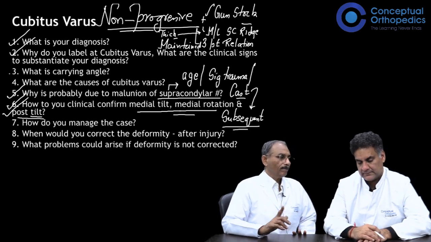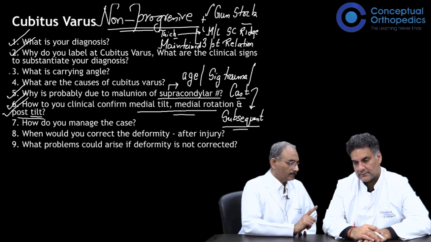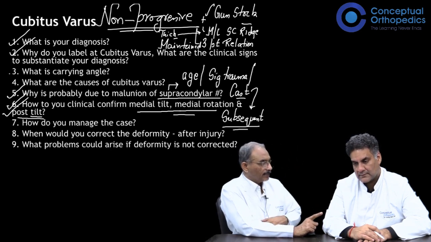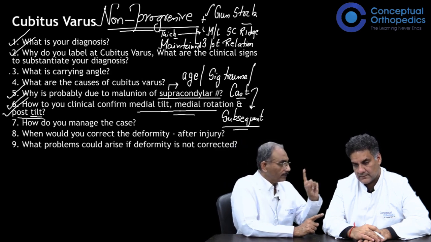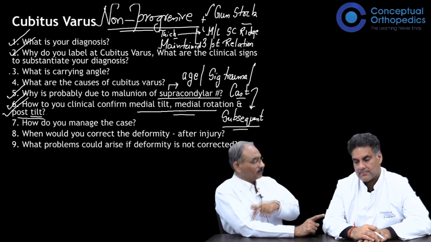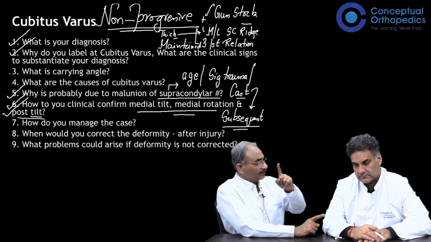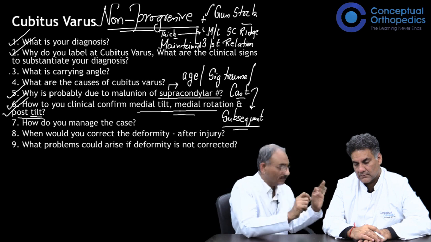Why? Because in a lateral condyle fracture, the medial condyle is intact, attached to the metaphysis and the diaphysis, so there is no rotational change there. In a lateral condyle fracture also, there is no rotational change. And because there is no rotational change, this sign would be clearly negative.